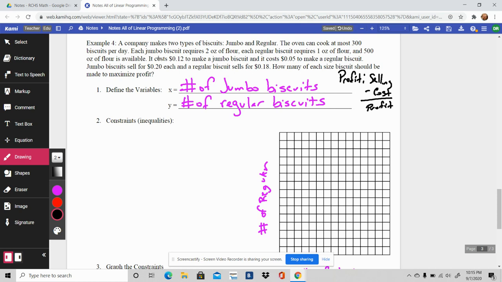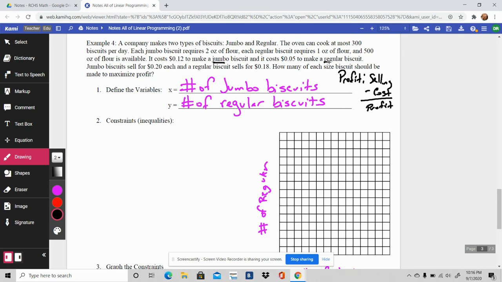All right, so we're dealing with money. Now we're going to go back through and pick out the numbers that deal with money. I see 12 cents, 5 cents, 20 cents, and 18 cents. Now I need to tie those together. 12 cents to make jumbo, 5 cents to make regular. So this number, 12 cents, is associated with jumbo.